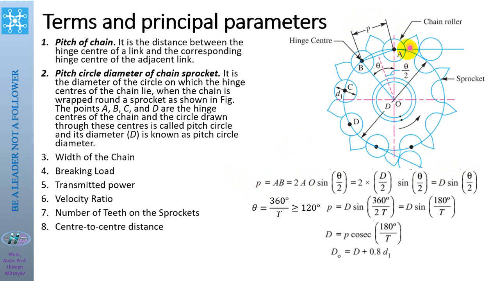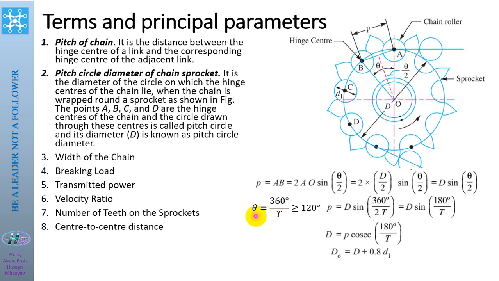P is equal to AB, and AB from this triangle may be found as in this formula. Theta is the angle between the two axes and the center of the sprocket.